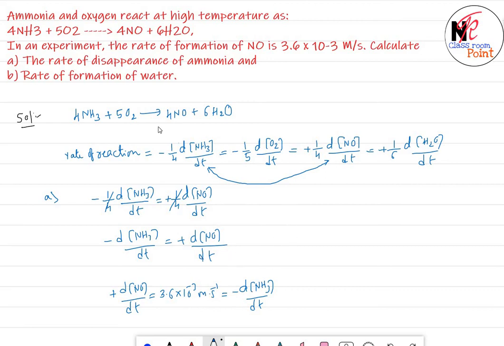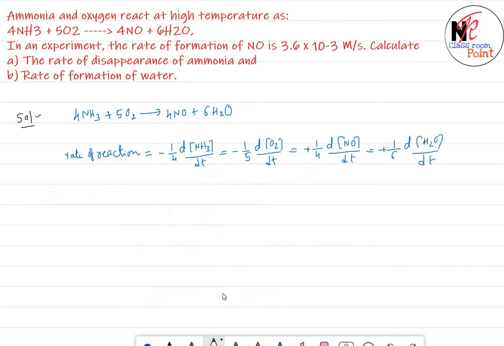Now let's go with the second part, B, where they are asking about the rate of formation of water. Given the rate of formation of NO, and asking about the rate of formation of water, the relation is between these two. So plus 1 by 4 d[NO]/dt is equal to plus 1 by 6 d[H2O]/dt.